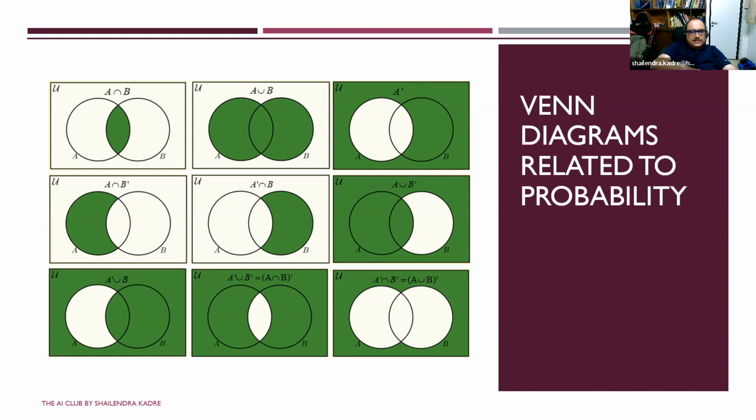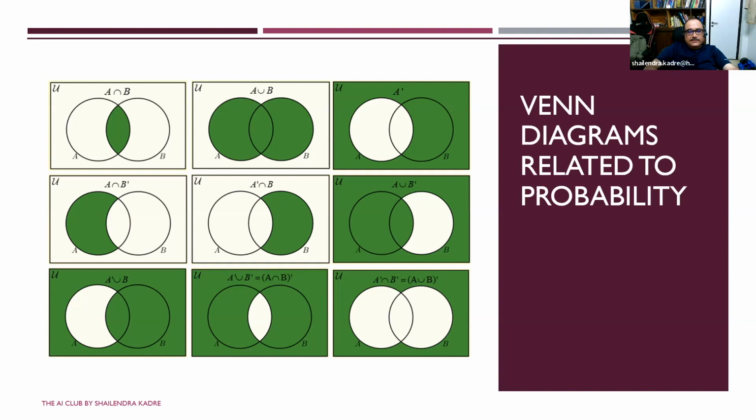Now the reverse of A union B dash. We are calculating the third row, first one: A dash union B dash.